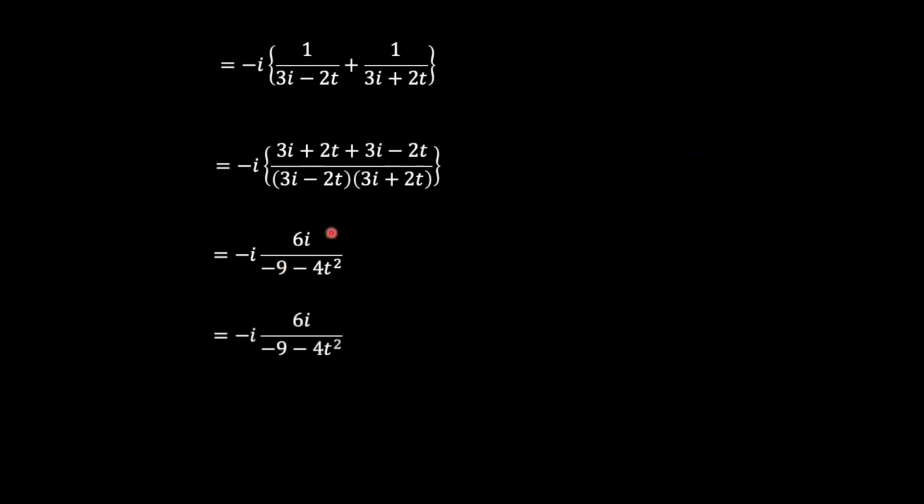So i times i is -1, and so the -1 cancels with that, but still we're left with the set of negatives from the denominator here, and so this results in -6 over 9 plus 4t squared.